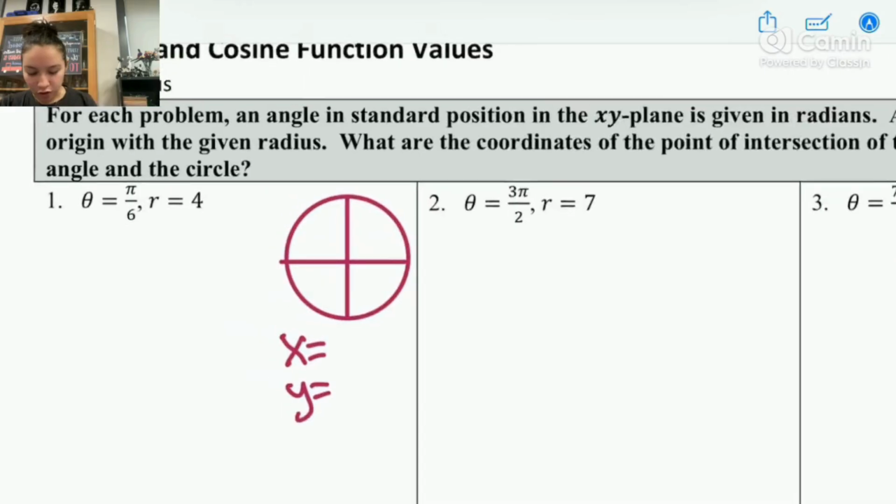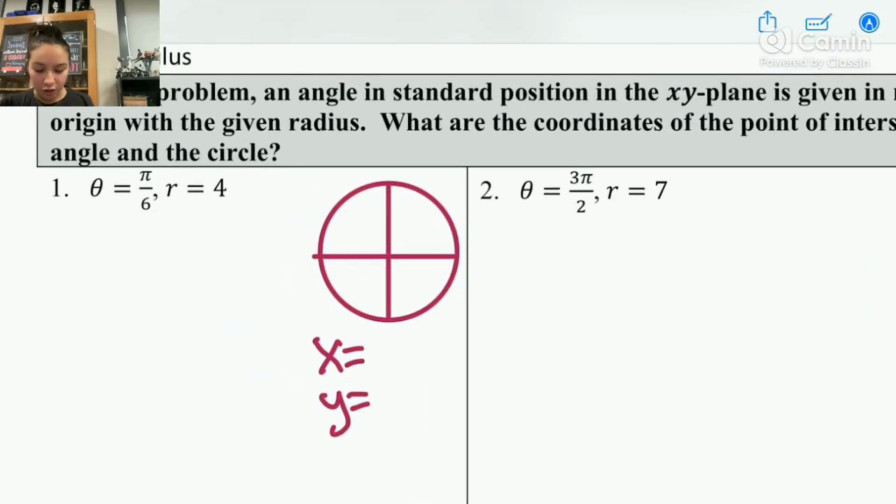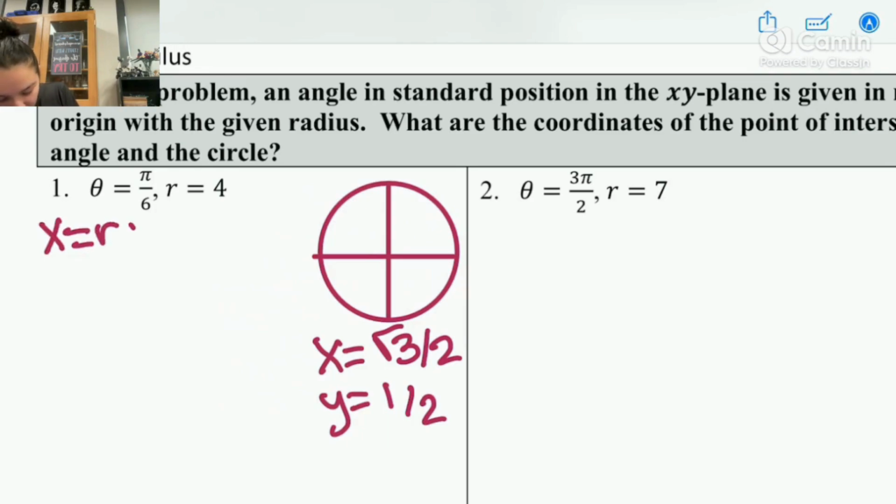So for the first problem, we're using the coordinate pi over 6. The x value for pi over 6 is square root of 3 over 2, and the y value is 1/2. When we're doing these problems, we need to remember that x is equal to r cosine, and y is equal to r sine.